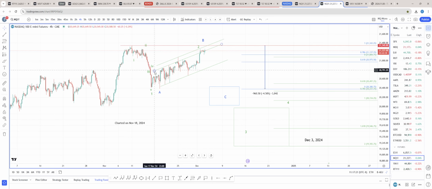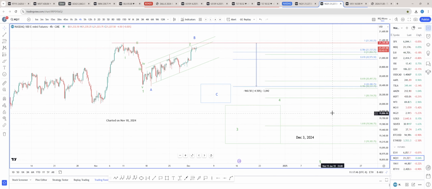We are thinking about this potential impulse down, then the big bearish flag, and if Nasdaq doesn't make a new all-time high, we would see two chances. First of all, it could be wave C, or it could be a wave 3 of a bigger impulse.